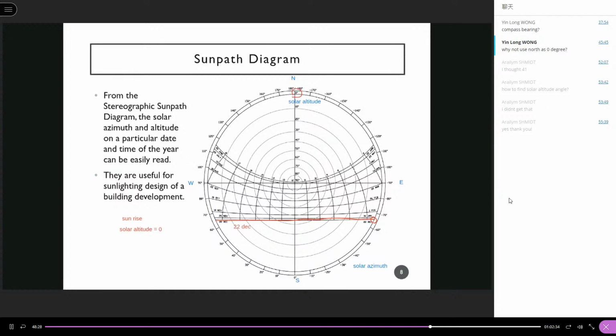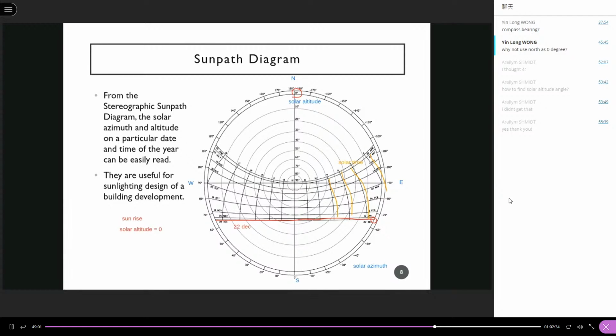Okay, and then you may be aware that there are some curves, and these curves are the hour lines. They show the hour, and these hours are the solar hour, or we call it the solar time. I will explain what solar time is later. So we have 6 o'clock, 7 o'clock, 8, 9, 10, 11, and then noon.